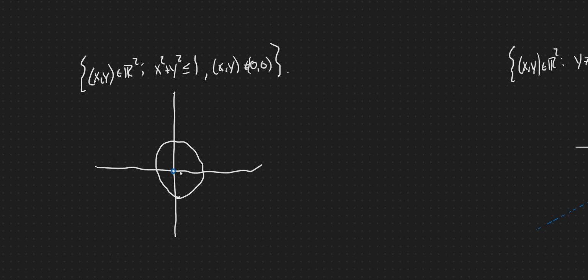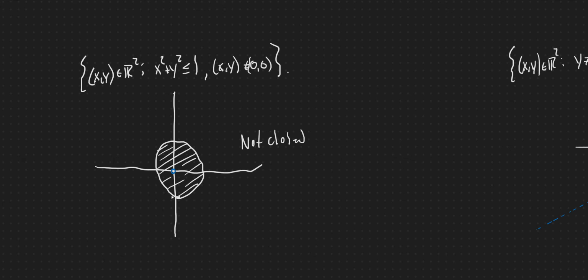So this one, it has a boundary point, right? The origin is a boundary point, as well as everything around the unit disk. That's also a boundary point. It contains those boundary points, but it does not contain the origin, which is a boundary point. And so it doesn't contain all of its boundary points, which means that it's not closed. And then, does it consist entirely of interior points?